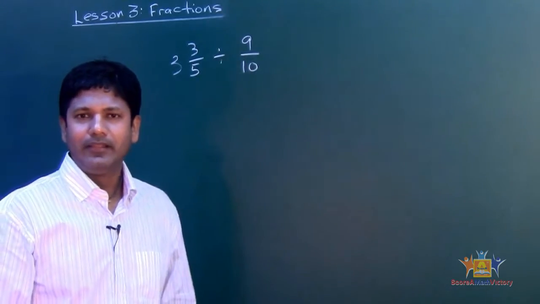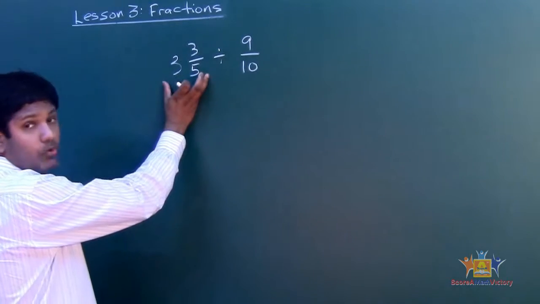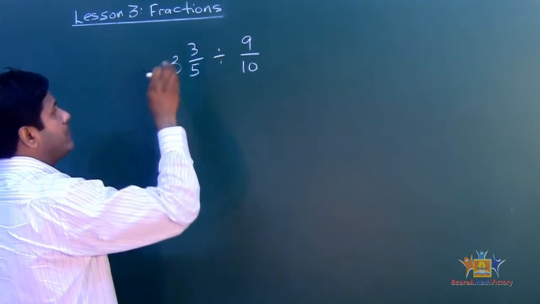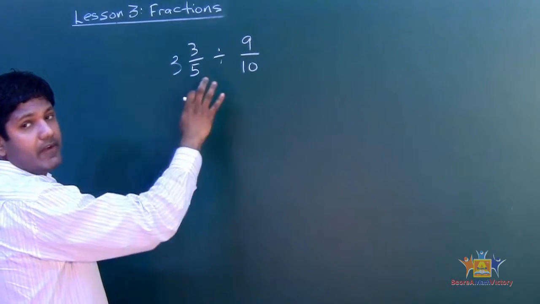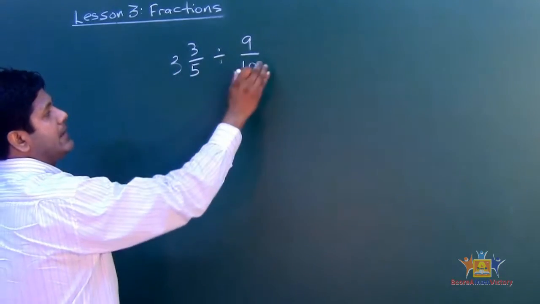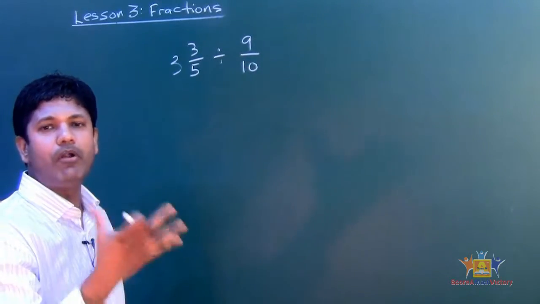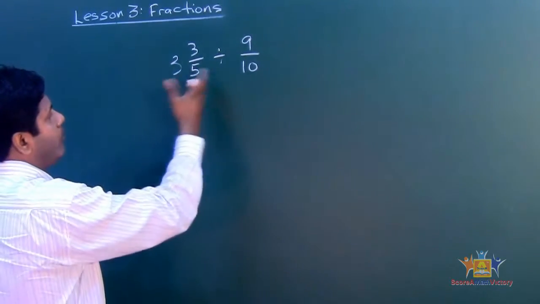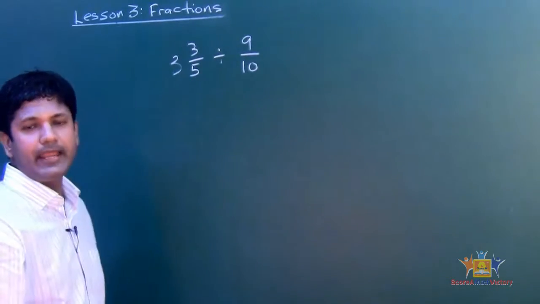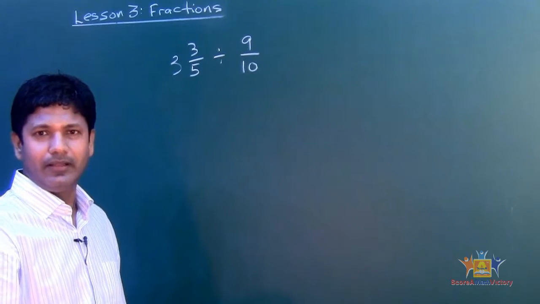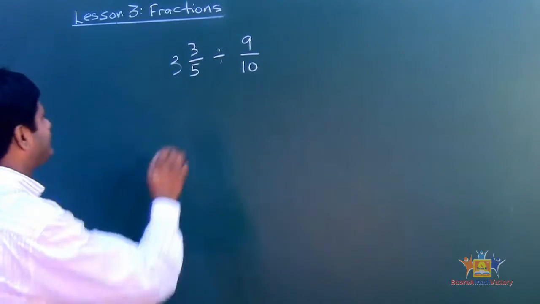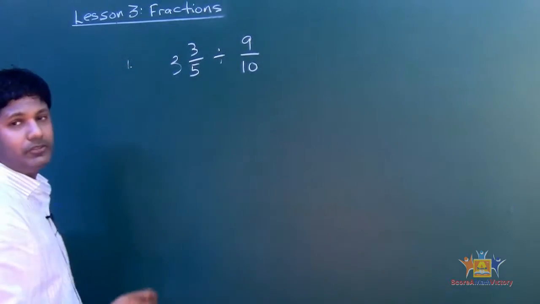This is the total milk that he has, and you want to break it up into 9/10 liters and find out how many bottles it will create. Does that make sense? Good.